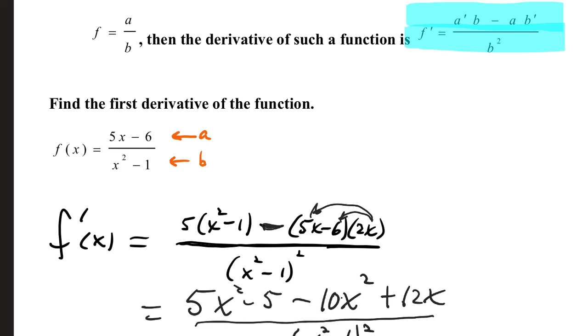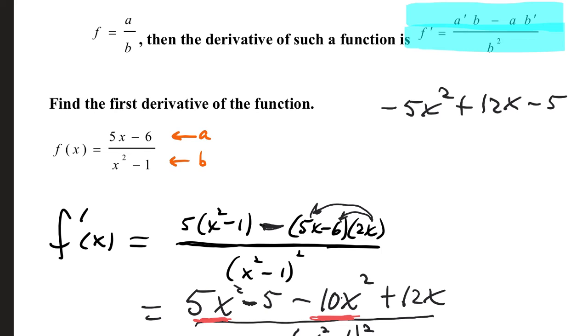If you wanted to combine like terms, these two would make a negative 5x squared. There's only one x term, plus 12x. Only one constant, minus 5.